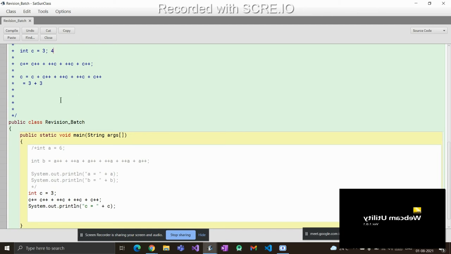You have to solve it on paper like I'm doing. Then ++C means pre increment: first increment, make it 5, and then use it. Again ++C, first increment and then use it, so it becomes 6.